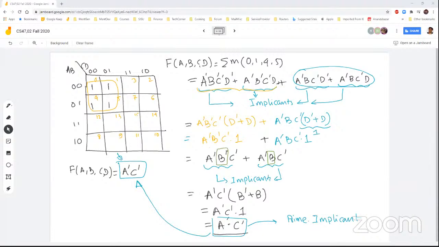In this case, these two terms vary from each other only with respect to one variable, that is D. Both of them have A bar, B bar, C bar. Only D is varying. So we call them neighbors. In terms of the K-map, this is practically 0 and 1, the group we are talking about. They vary from each other in D. See?